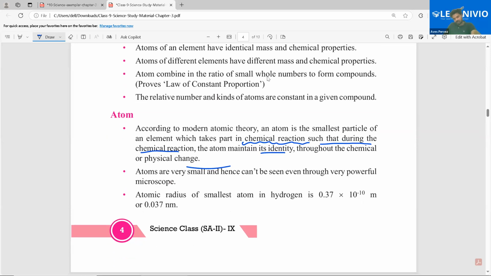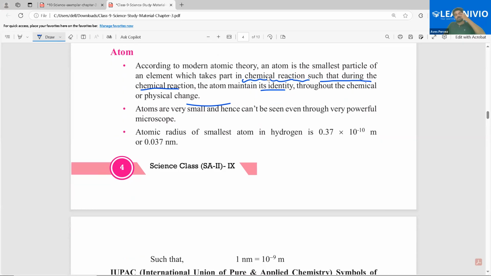Such that one nanometer. Let me help you to write this one in very short words.